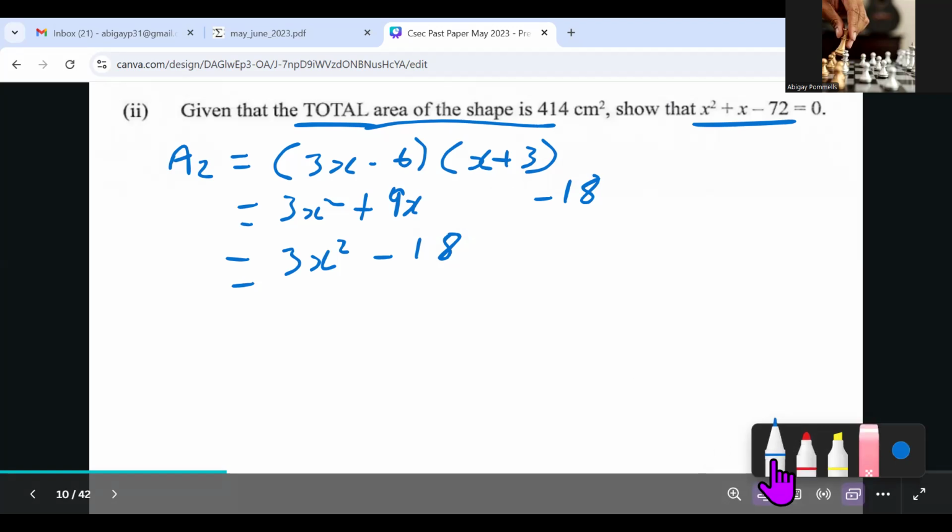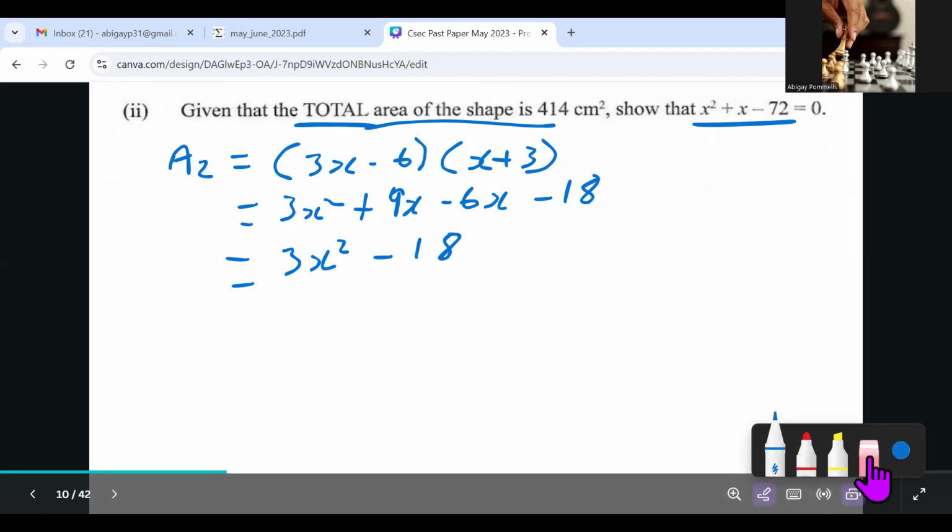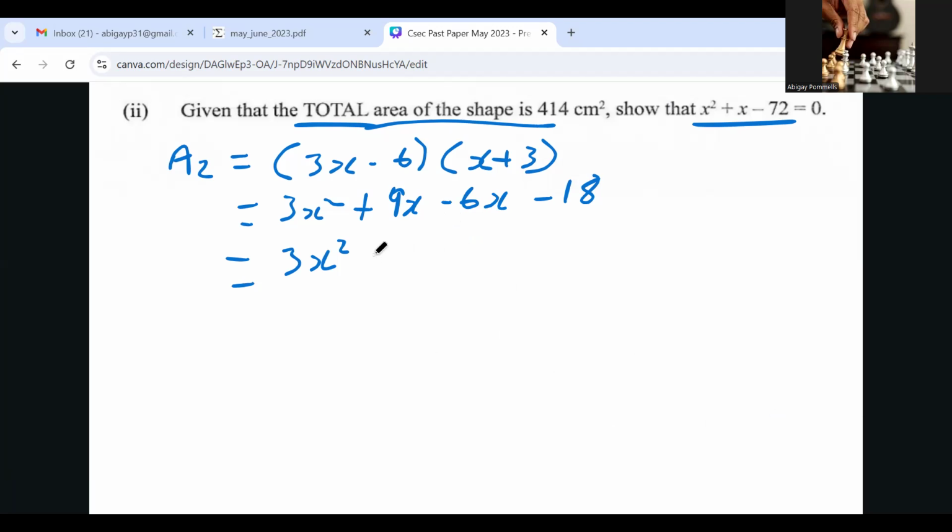You have to carry water, all of that, just so you can concentrate. And you have to have a good night's sleep before. If you just went into the exam with tiredness, you're going to fail or you're not going to remember much. So that's why sleep is very important. So now we have 9 minus 6, which gives us positive 3, minus 18. All right, so that is our answer right there.